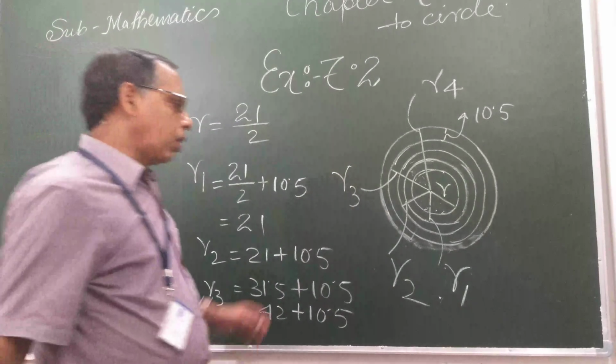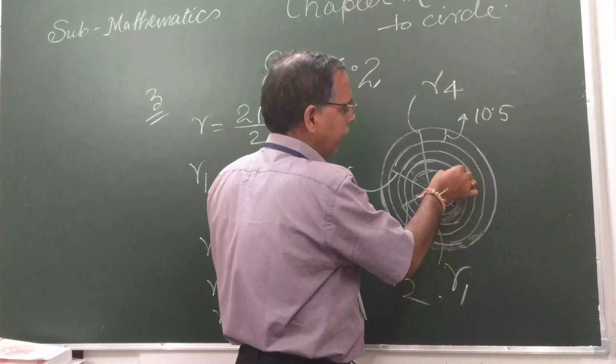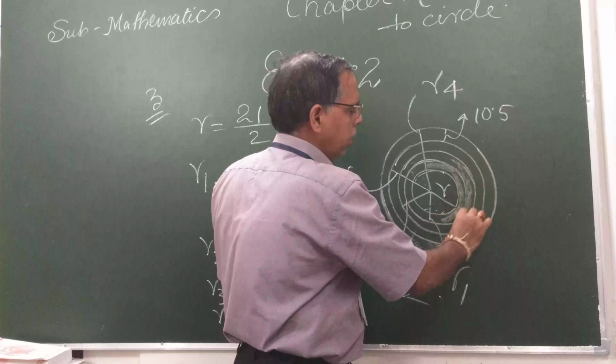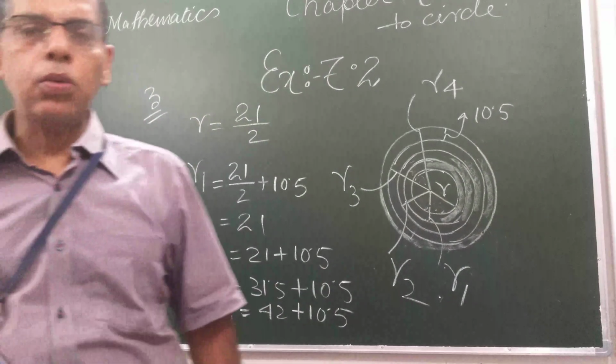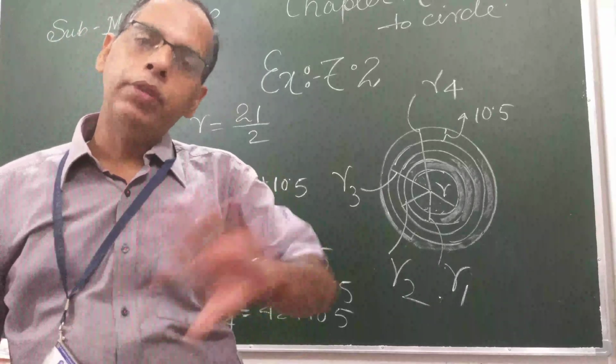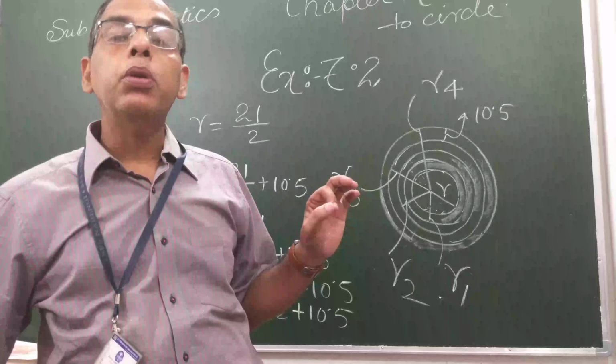Now, according to the question, you have to find the area of each ring. First, the gold region is simple: the area of the circle. But for the red region, what do you have to do?